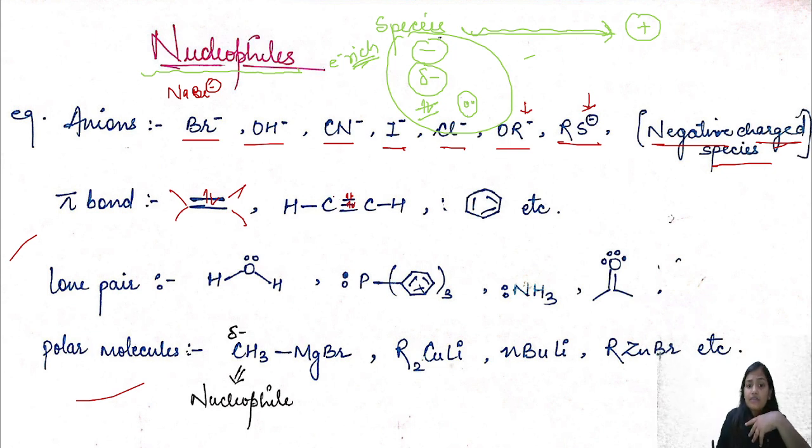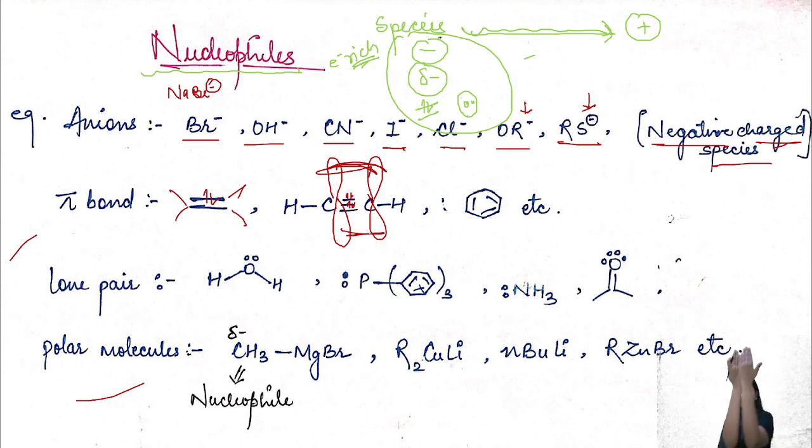We know that the pi bond usually forms by sidewise overlap, so this bonding is very weak. So this bond can be broken very easily, and therefore they are said to be nucleophilic. In the case of benzene, yes, they are also said to be nucleophilic.